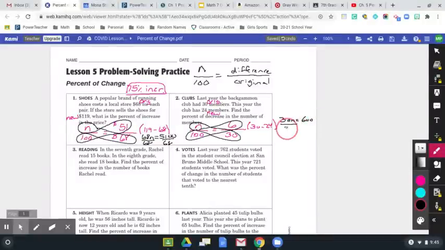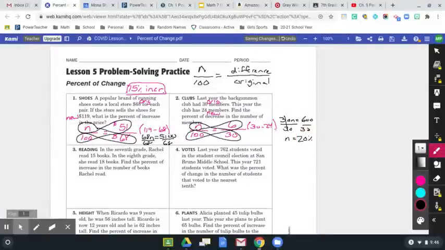And I'm going to divide by 30. 30 divided by 30 gives me 1n. 600 divided by 30. Go ahead, calculate that right now for me, please. And you should, in your calculator, hopefully see 20%.